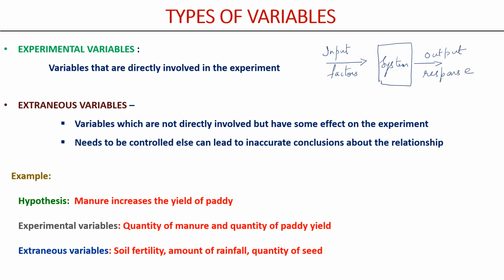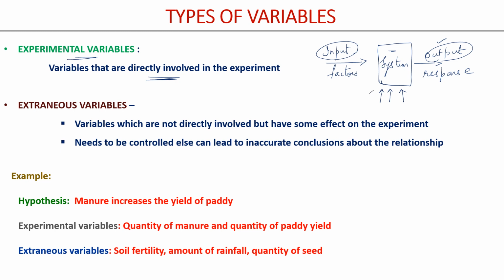Now, I'm sure you all agree that it is not just that the input variables affect the output variables. There are a number of other fluctuating variables that act on a system. So those variables which are directly involved in the experiment, such as the input variables directly acting on the system to give you the output variables, are called experimental variables. So variables that are directly involved are called experimental variables.